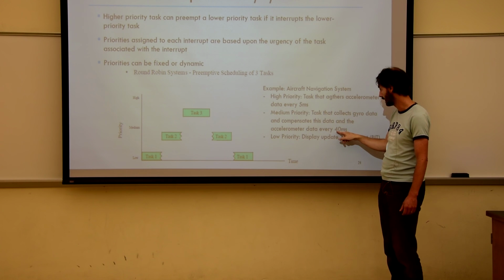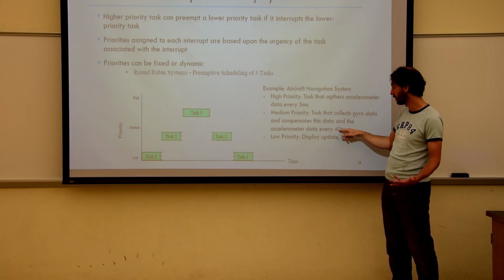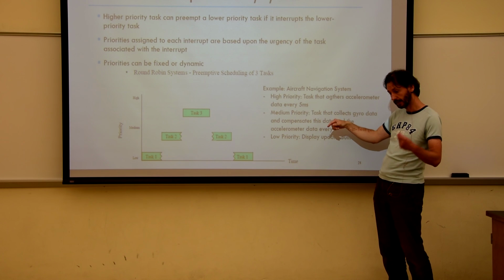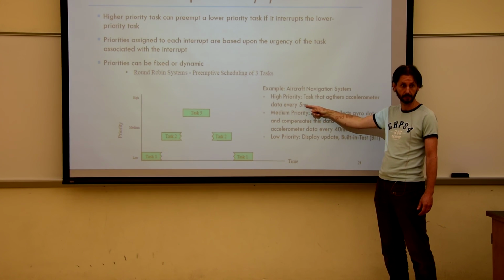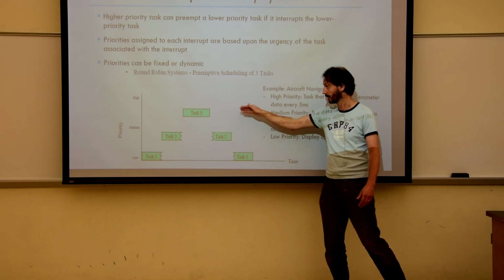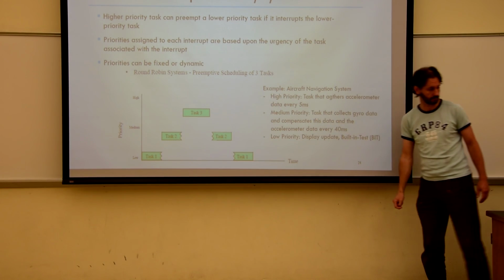Say this medium priority task needs to work now because the 40 milliseconds are over, but it barely starts and this other task comes in because the 5 milliseconds are done. It has a higher priority, so it kicks out task 2 and starts executing.